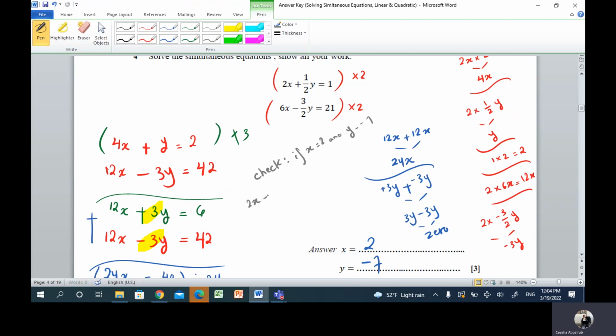So 2x minus 1 over 2y is equal to 1. So let's substitute the values of x and y. So 2 times x, which is 2, minus half times y, which is negative 7, okay?